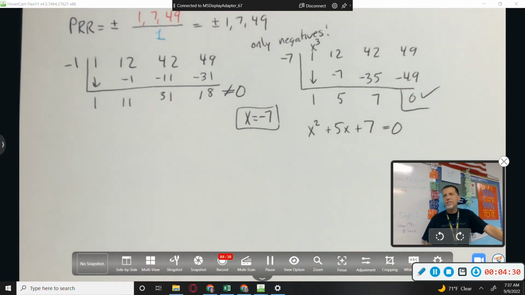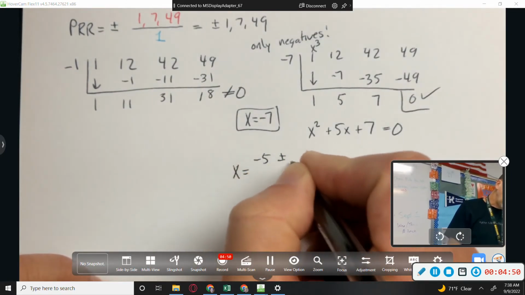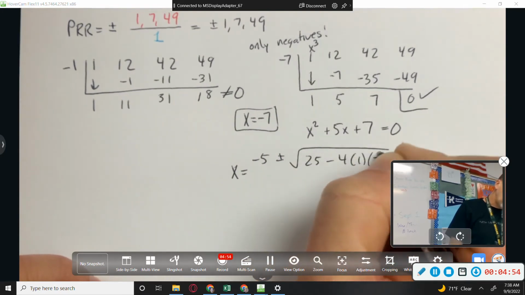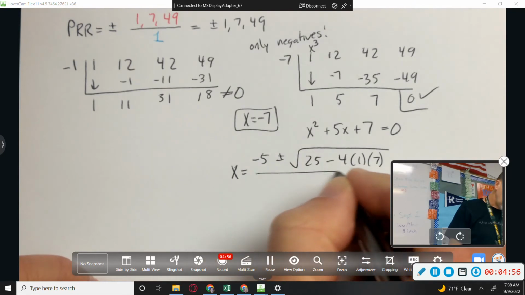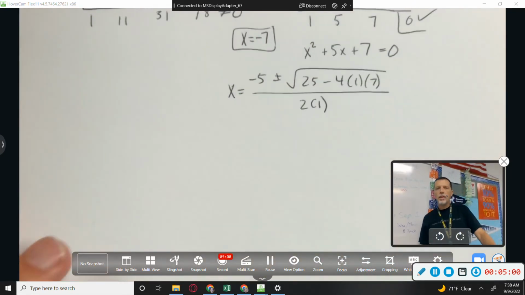How would you like to solve that? You can complete the square if you want to. I'm not going to use complete the square. I would use the quadratic formula, but complete the square is perfectly okay. X equals negative b plus or minus the square root of b squared minus 4ac, all over 2a.